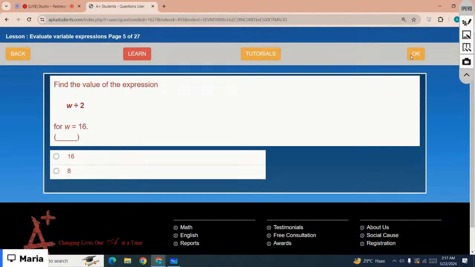So which is the correct option? 16 divided by 2 is 8. Very good. The correct option is 8.